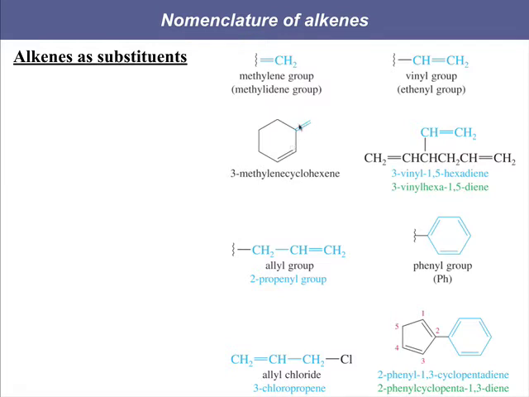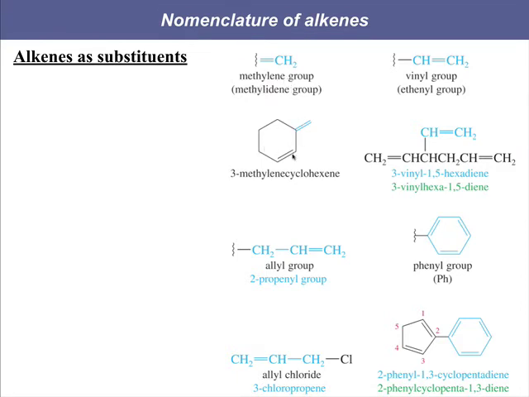But what is this? This is a double bond sticking off of the ring, almost like it's a substituent. That group, a double bond CH2 group, is called methylene. Sometimes it's called methylidine. That's the older naming system for it. But we call this methylene.